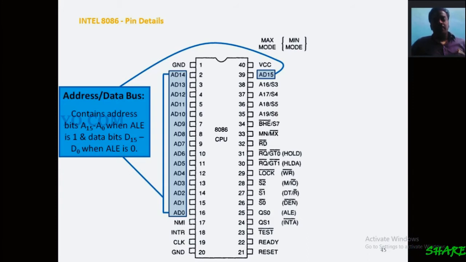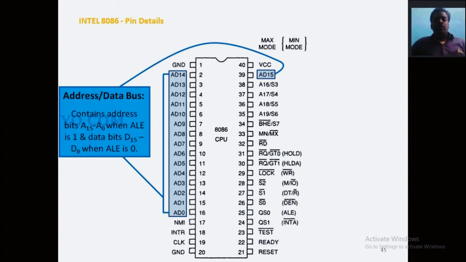In electronics, the bus is a group of lines that carry signals or data. It is a group of individual lines, and each line is allocated for a single bit.